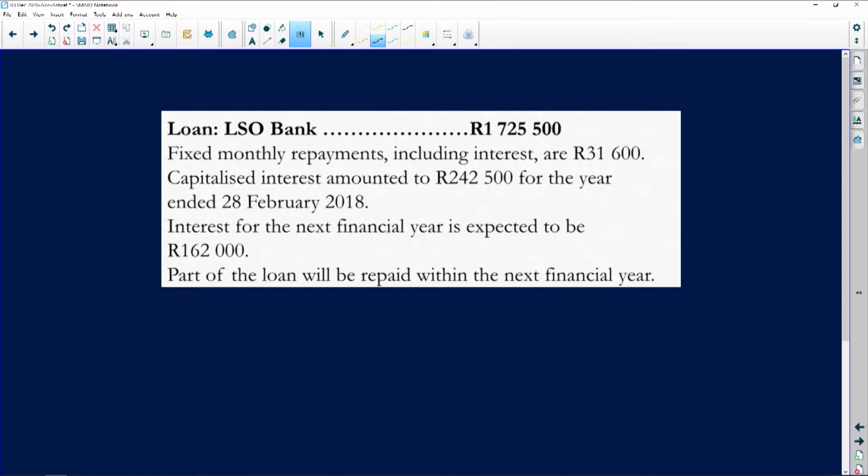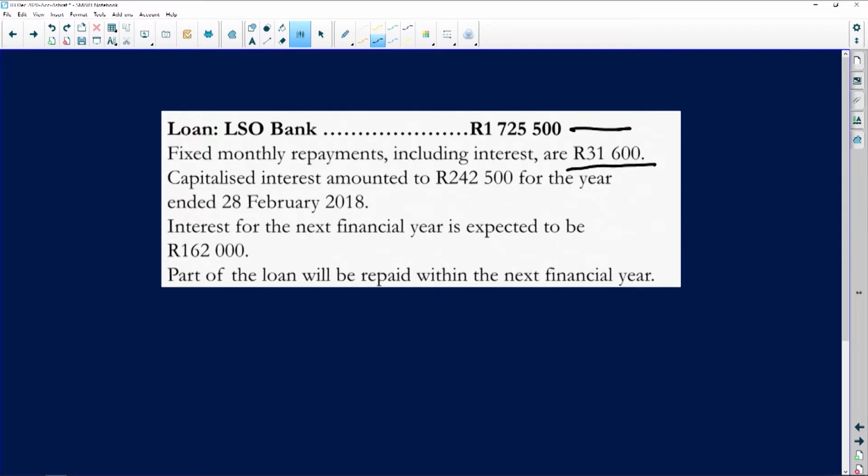What do we have? You are told that the loan from the bank is 1,725,500. So there's my loan figure, right? You are told that fixed monthly repayments, including interest, amounted to 31,600.